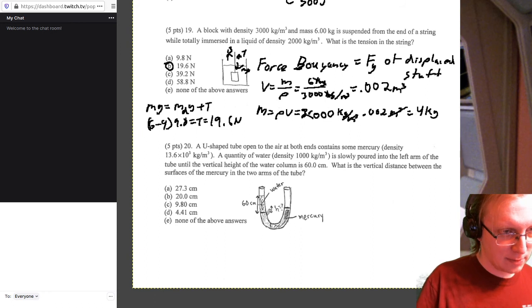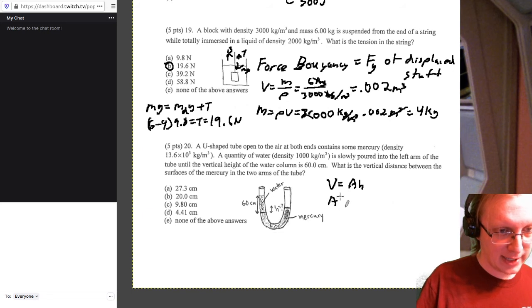So the mass of this water is equal to the mass of this mercury over here. So we have volume equal to area times height.